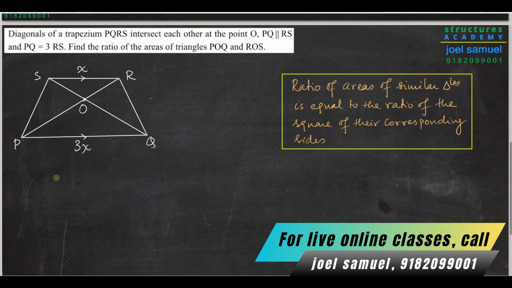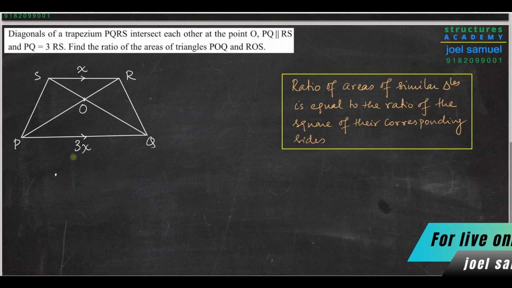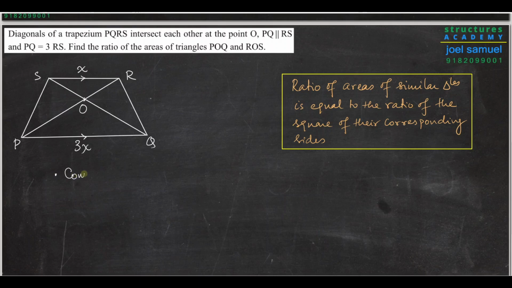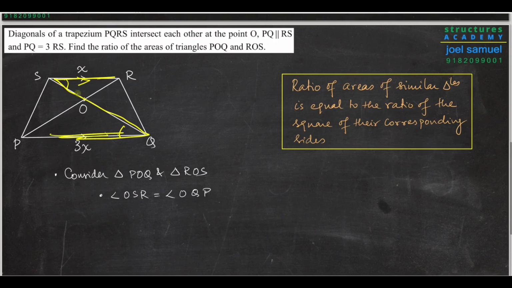All right. So first let us consider the two triangles that are given. Consider triangle POQ and triangle ROS. The first statement we make here is angle OSR is equal to angle OQP. And what we are showing here is this particular angle is equal to this particular angle. And the reason is these two are parallel lines. Therefore, these two form alternate interior angles.